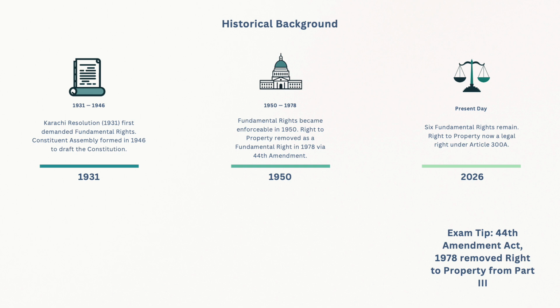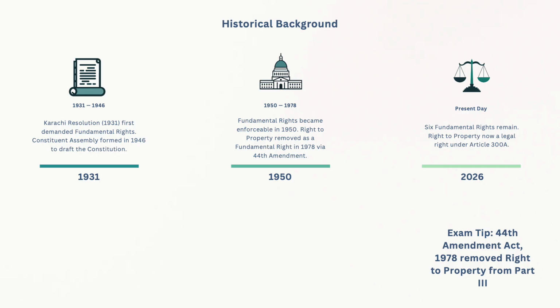And that was the original proposal of fundamental rights for the Indian citizens, which was incorporated in the original Indian Constitution. The Indian Constitution came into force on 26 January 1950, and so the Karachi Resolution was included in the Indian Constitution.